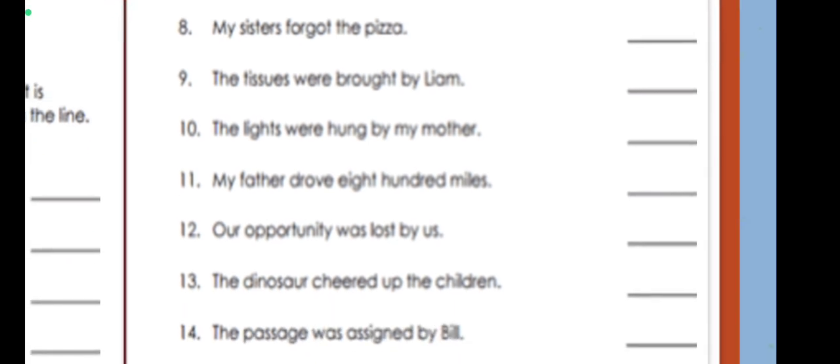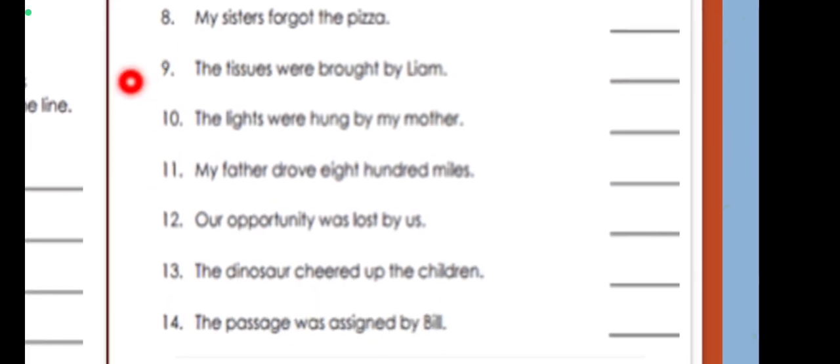Are you there? Can you do from number 9 to number 12? Sure. The tissues were brought by a lion. This is passive voice. The lights were hung by my mother. Passive voice as well. My father drove 800 miles.